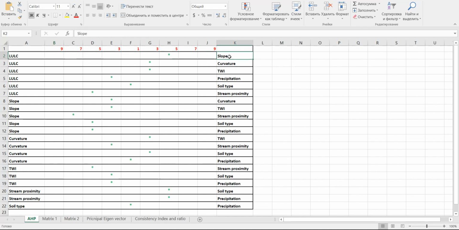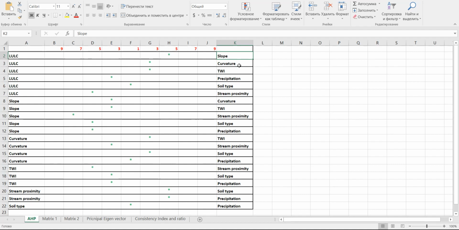In this case I assigned 5 to slope compared with land cover class, because I am sure that slope is vital when it comes to soil erosion.